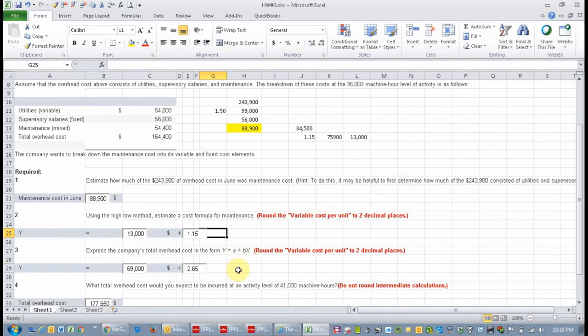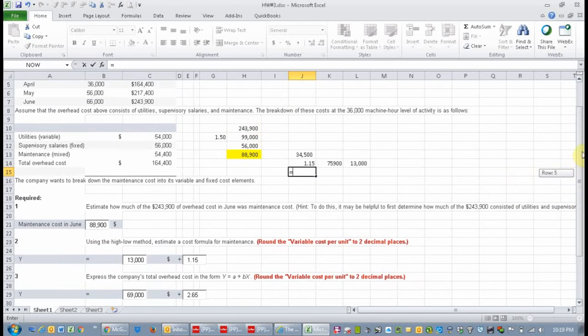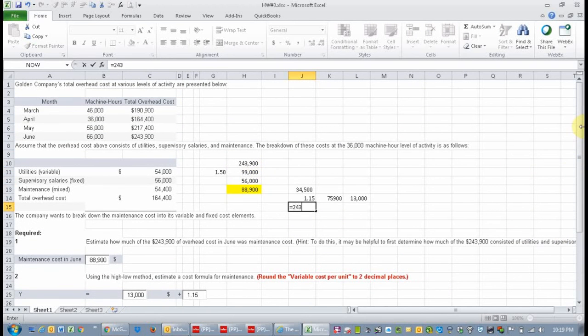Okay, so now the third part asks us to express the total overhead cost in the same form as before. It's the same form as part 2. So we're going to do the exact same thing. We're going to do the high-low method, take the high total cost, which is $243,900, subtract the total overhead cost of the low level, $164,400.